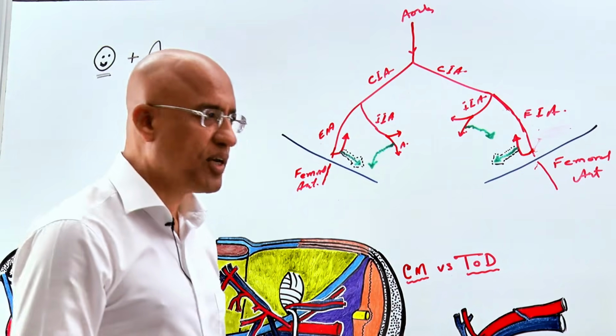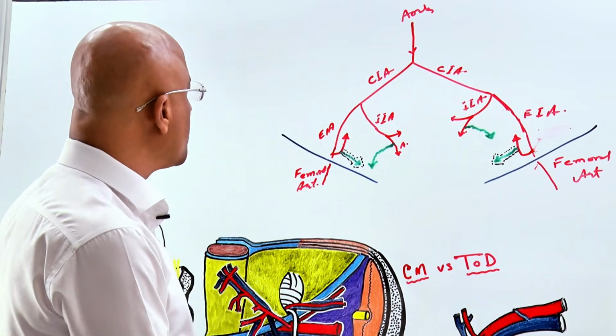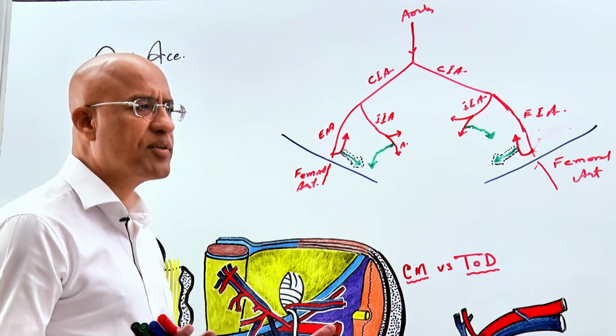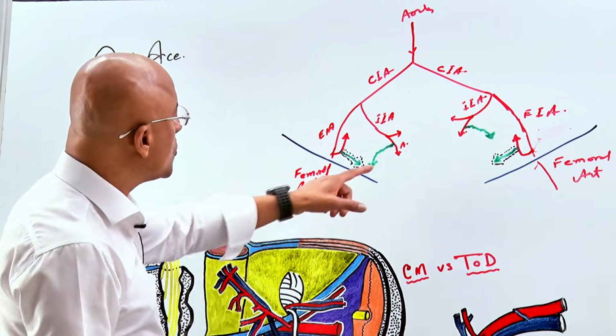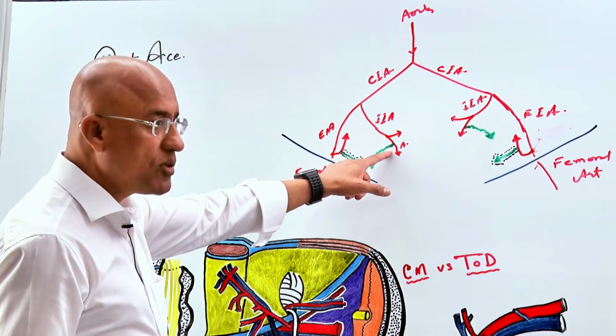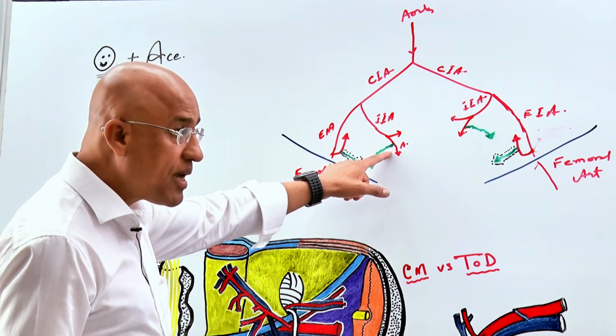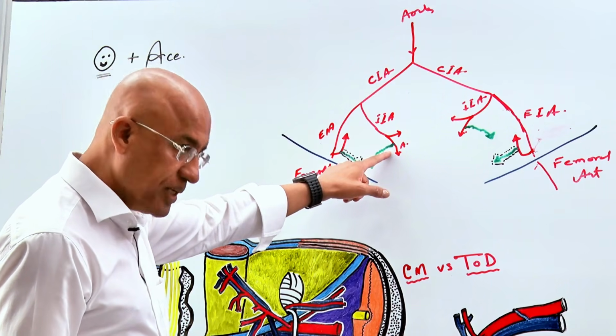Right? So we can say what is the real difference between what we call the most typical or classical normal. The normal is taking origin from the internal iliac artery anterior division.